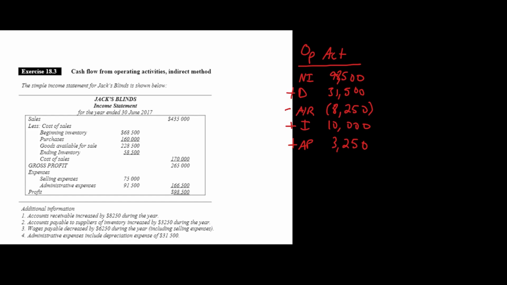Our next item is wages payable. Wages payable decreased by 6,250. So what happens when we settle a liability? Well, we're paying it off. So we would have a debit of wages payable, and this is the net effect, a decrease of cash of 6,250.